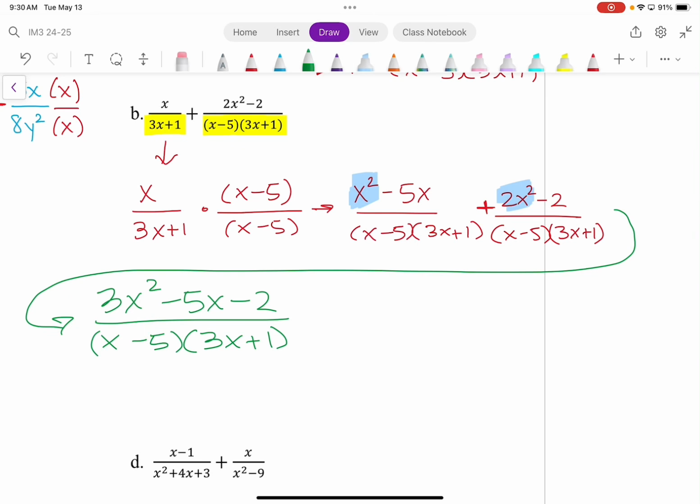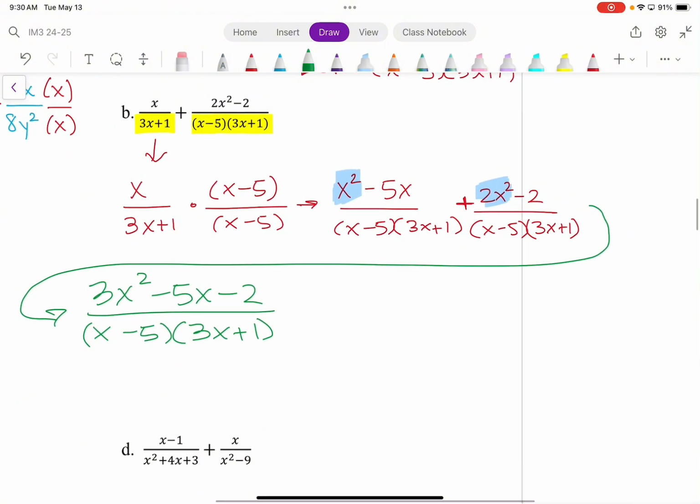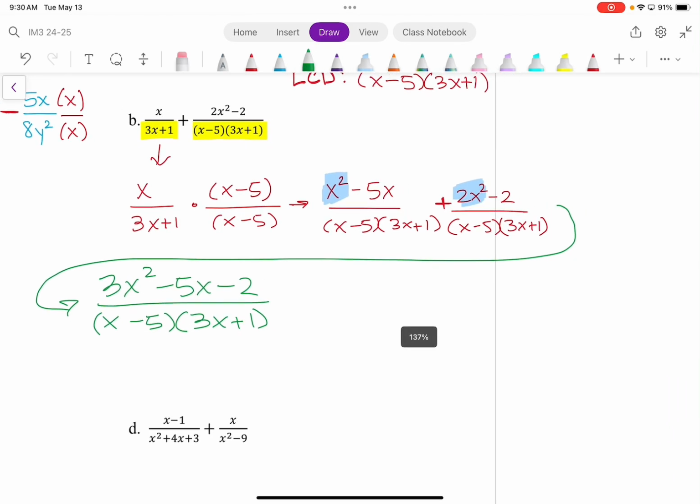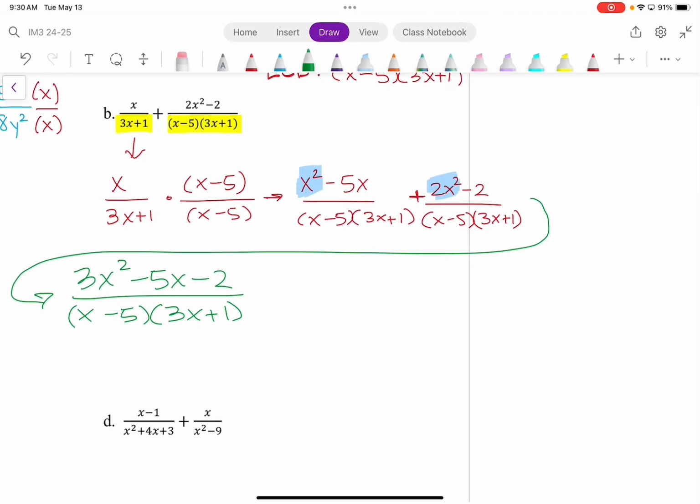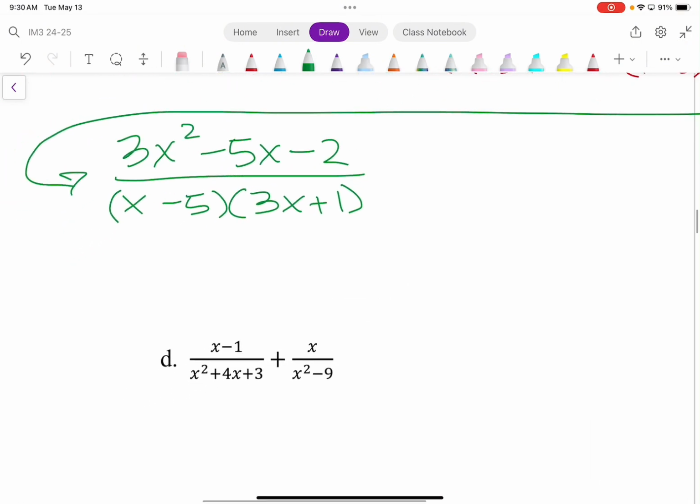And I don't know about you guys, but that top is looking factorable to me, so we might have to factor it out. 3x squared minus 5x minus 2. We can write that as, let's see, numbers that multiply to negative 6 that add to negative 5: negative 6 and 1.